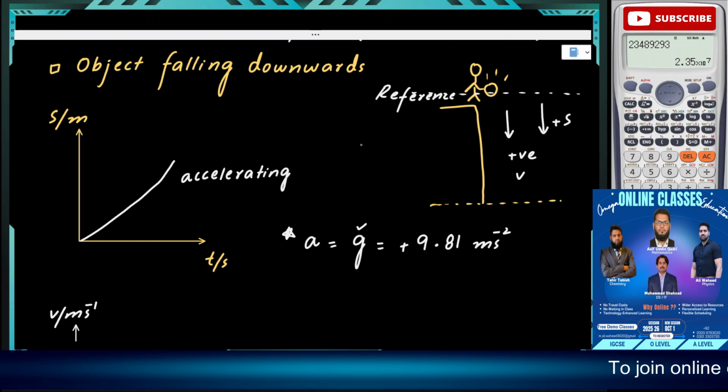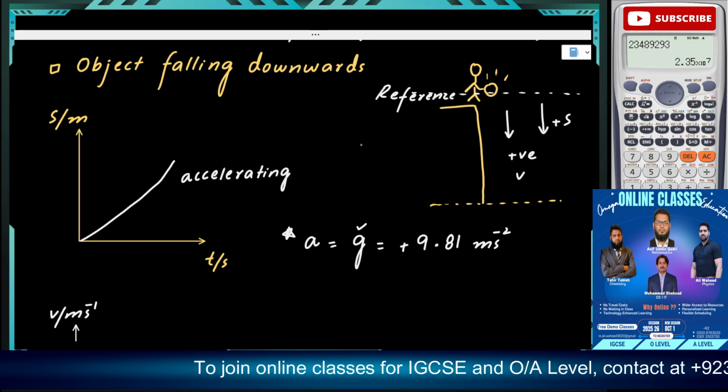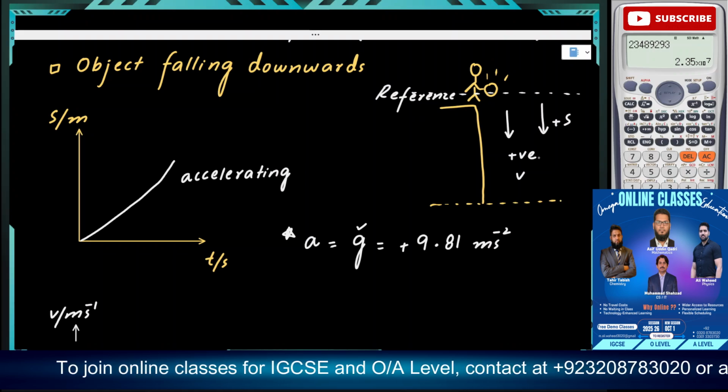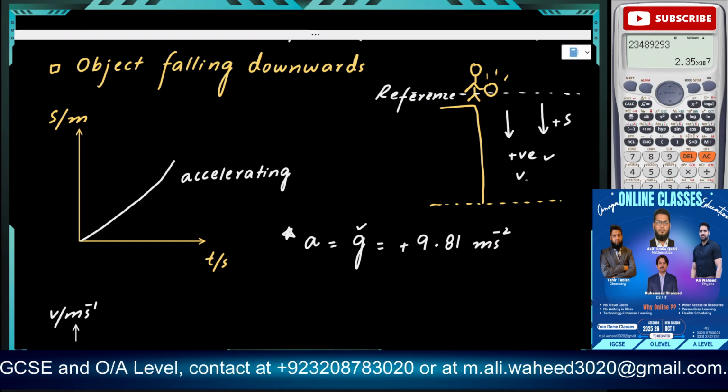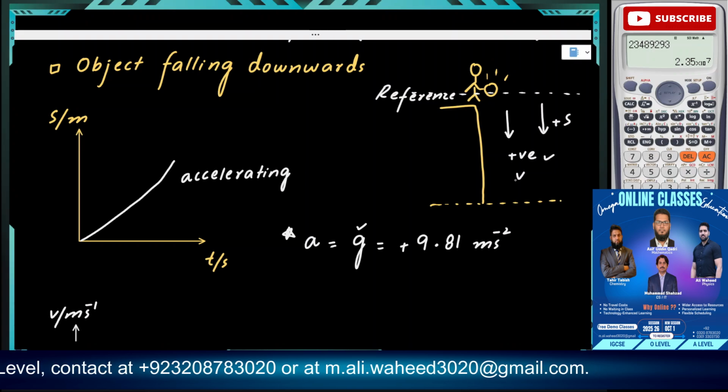For the four equations of motion, you use the same one that I explained already previously. Now, the convention was if the object is moving downwards, the velocity would be positive. Yes, it is moving downward.